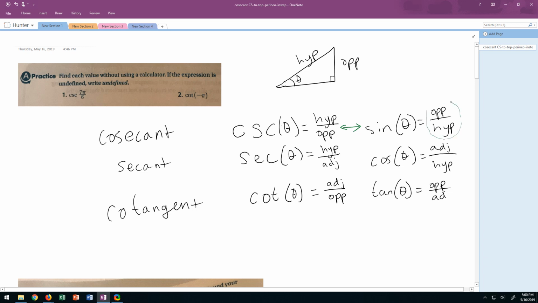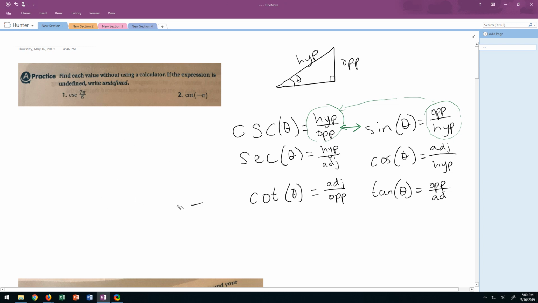Here I have the opposite over the hypotenuse, and if I take the reciprocal of that, I get the hypotenuse over the opposite. So interestingly, they are reciprocal functions. More specifically, the cosecant of theta is equal to 1 over sine of theta.